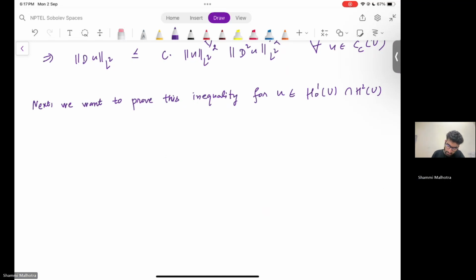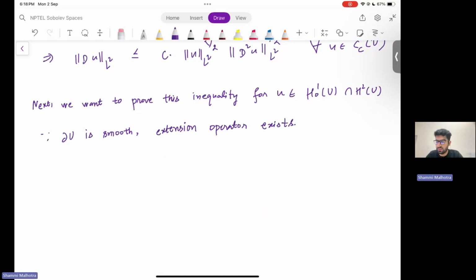So since del U is smooth, an extension operator exists.